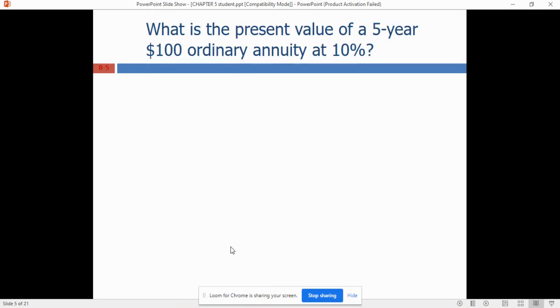What is the present value of a 5-year 100 ringgit ordinary annuity at a 10% return? All right, so the question quite straightforwardly asks for the present value. You're required to calculate present value, but is it just a present value or present value annuity? Right? It is a present value annuity question because the question said 100 ordinary annuity at 10%.